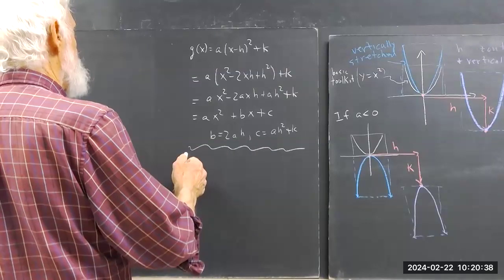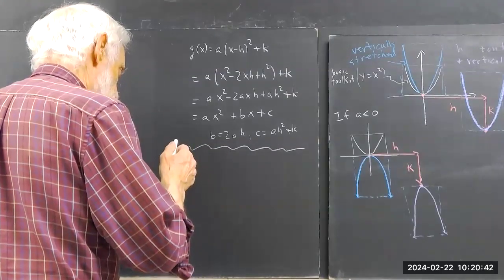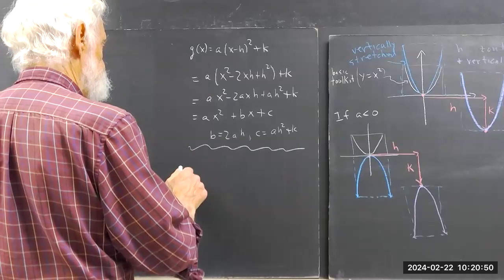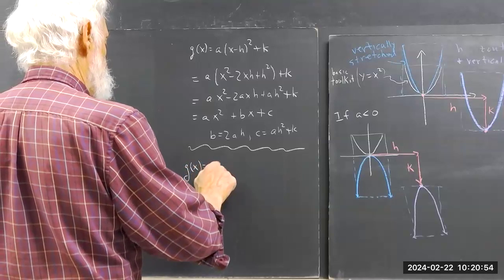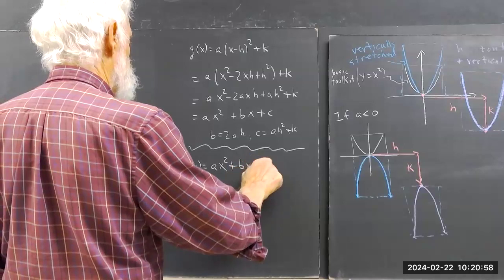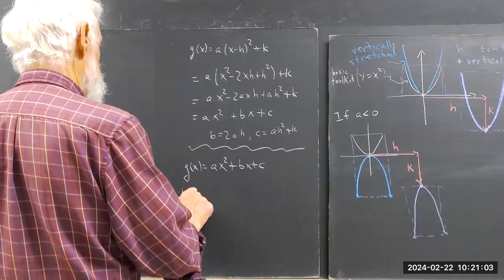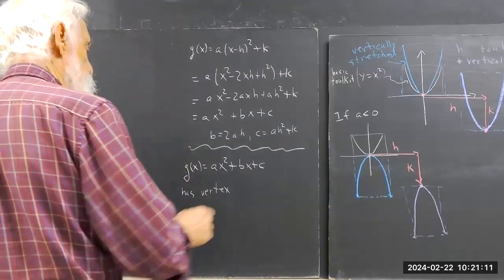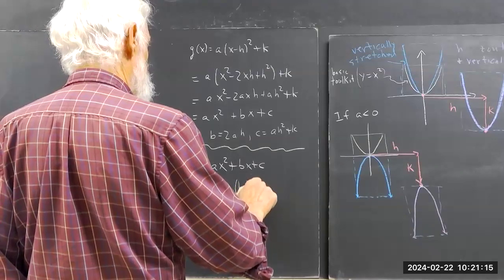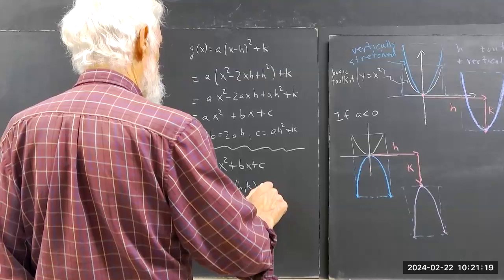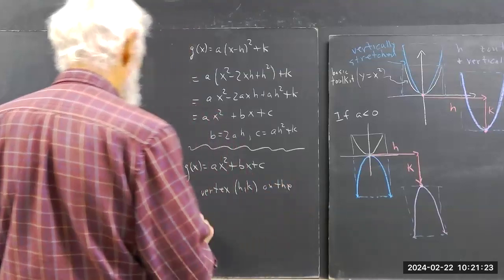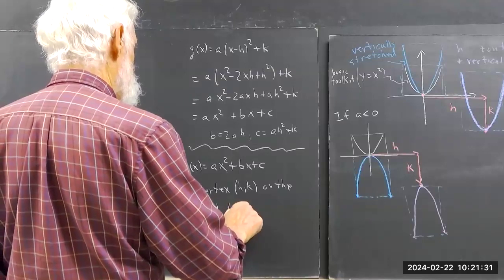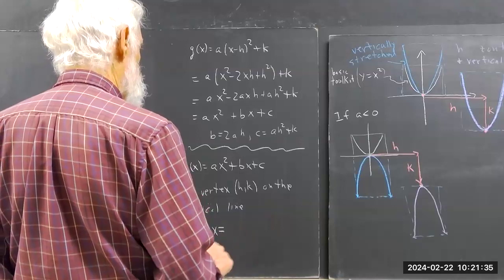So the end result of all this is that a function g of x equals ax squared plus bx plus c has its vertex at the vertical line x equals h.